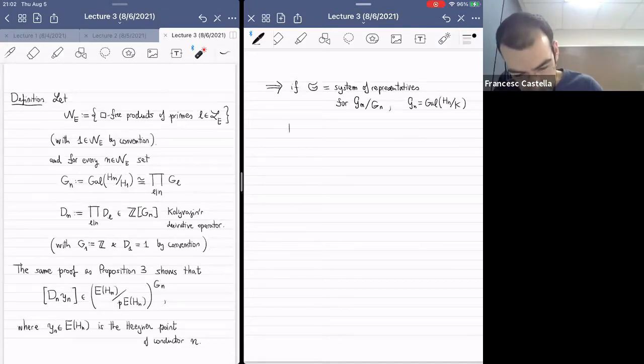Then we get this point, P sub n, which is defined to be the sum over all these representatives of Dn Yn.